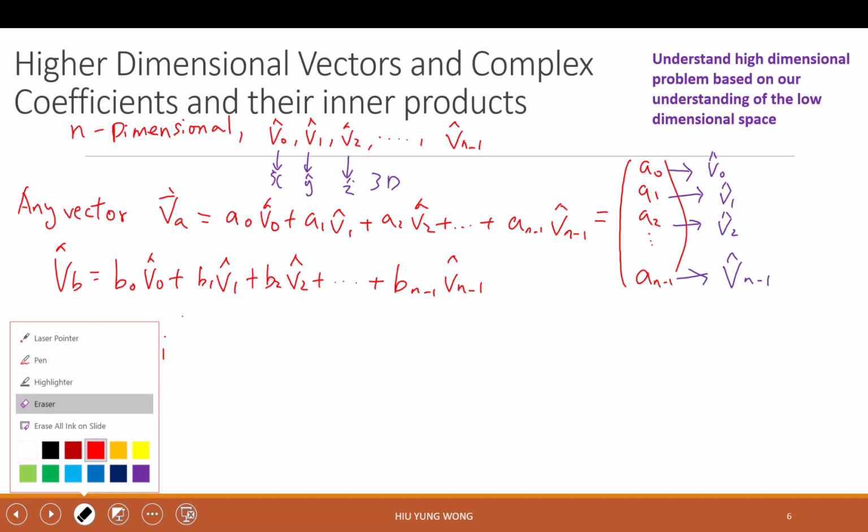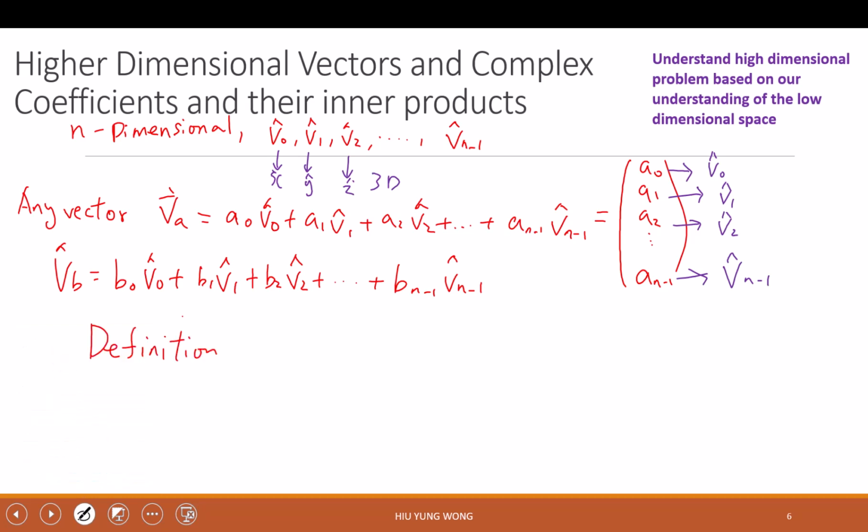The mathematicians already fought for hundreds of years and found that this one makes sense. The definition of V_A dot V_B equals A0 star B0 plus A1 star B1 plus A2 star B2 all the way to A(N-1) star B(N-1).